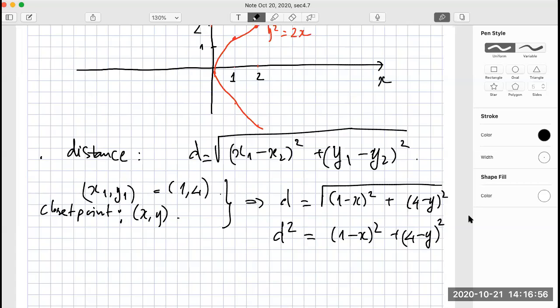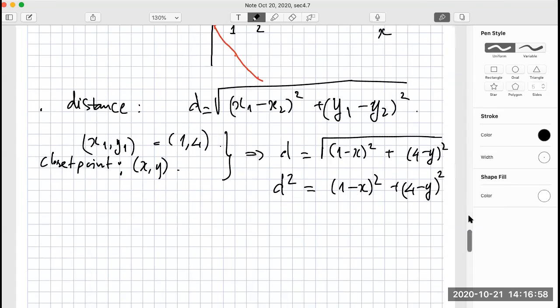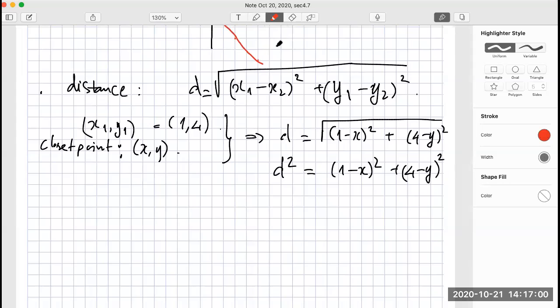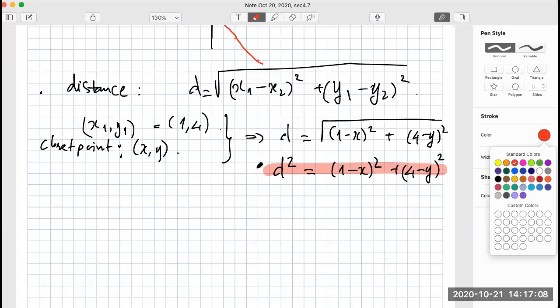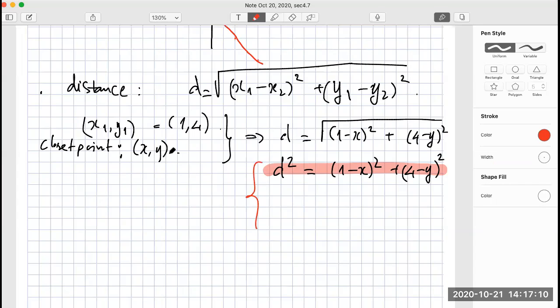So now we have this relation, right? And the point here should be in the parabola. It means that it should satisfy this equation. Do you agree?